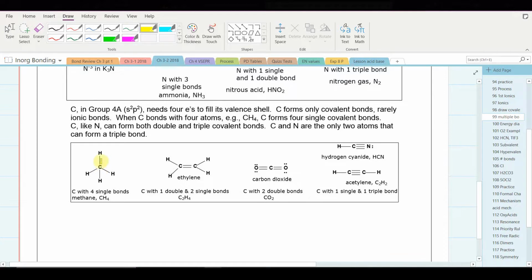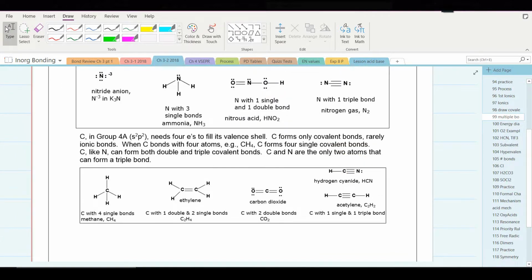We saw that it can form 4 single bonds, like in the case of methane, a double bond and 2 single bonds, as in ethylene. We saw carbon can form 2 double bonds, as in the case of carbon dioxide. And carbon can even form a triple bond and 1 single bond for a total of 4 bonds, as we saw in acetylene or hydrogen cyanide. Note that carbon doesn't have any non-bonded electrons in its structures.